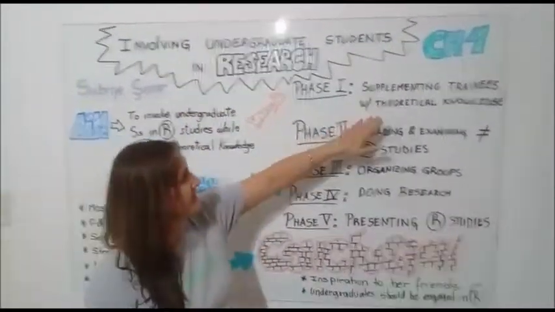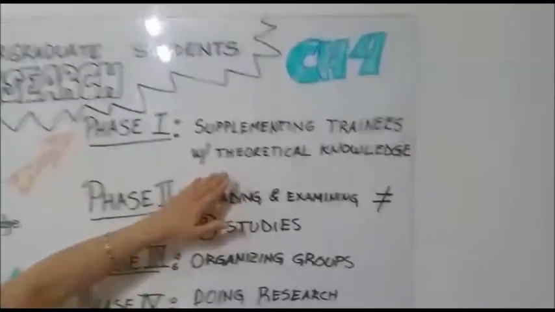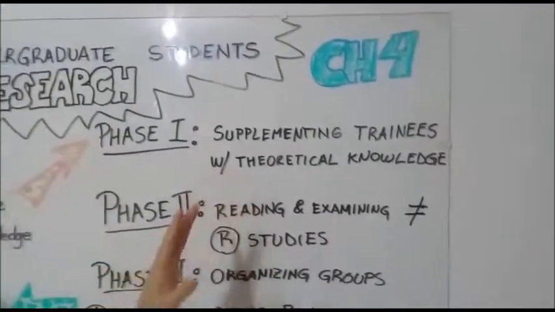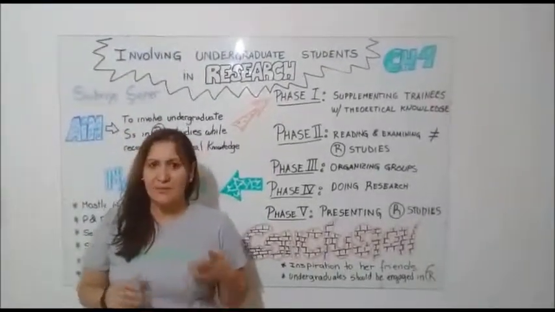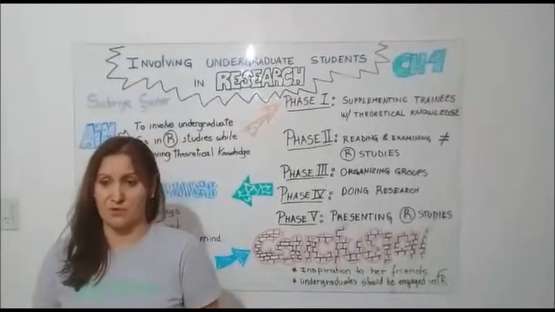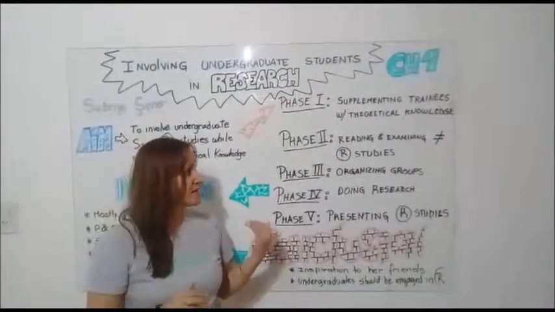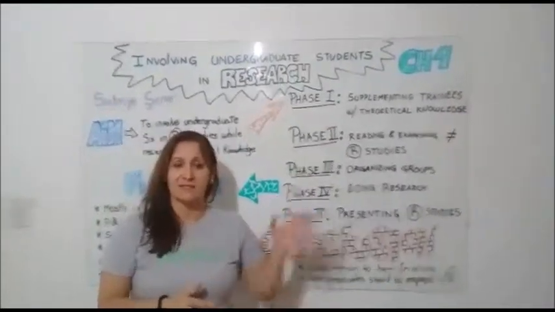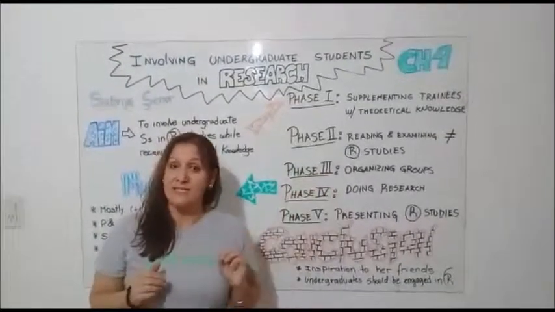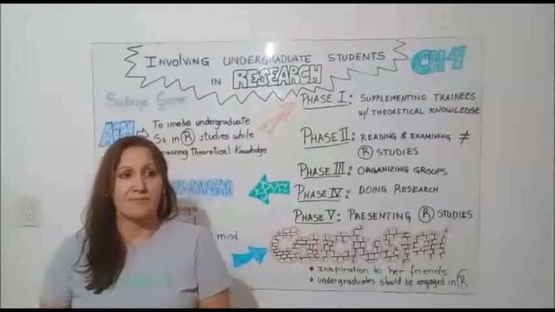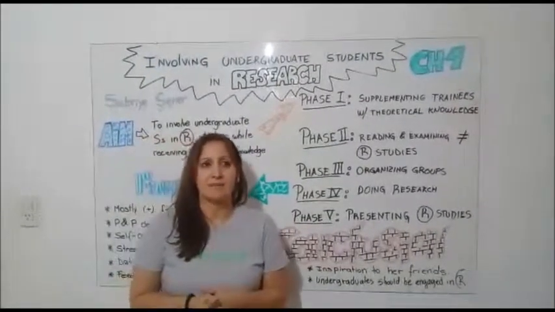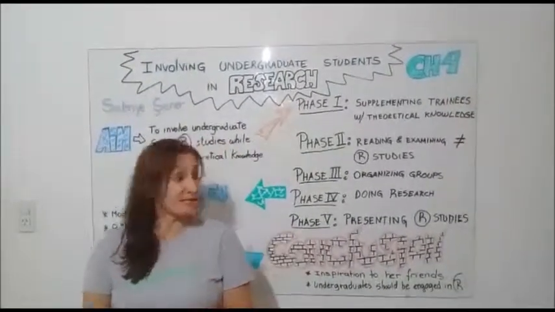The first one is supplementing trainees with theoretical knowledge on qualitative and quantitative research. Some students could recognize in this phase that they had no idea about research, but others remembered some definitions from the dictionary.